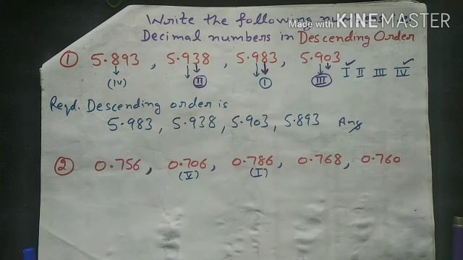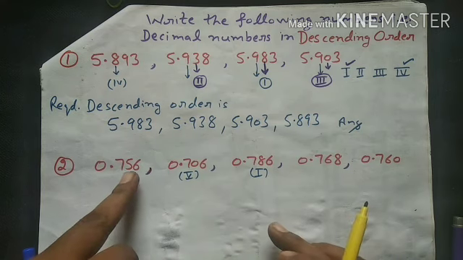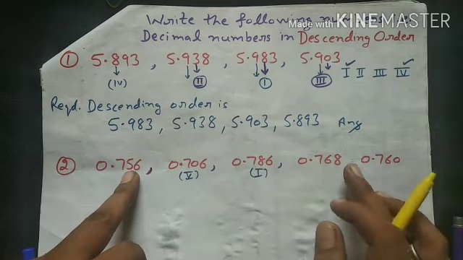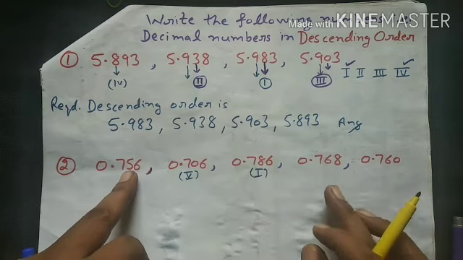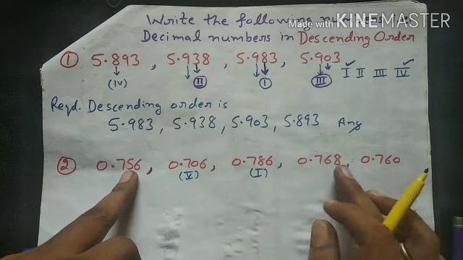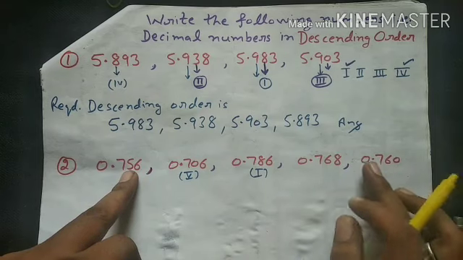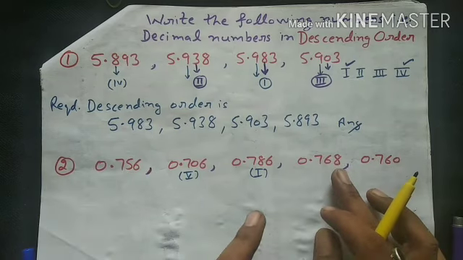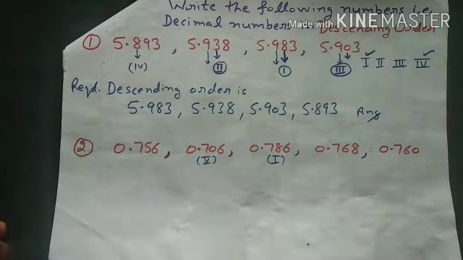Now you can see that 5, 6, 6. Now this is 5, this is 6 and 6. Now 6 is greater than 5. Okay, 6 is greater than 5.